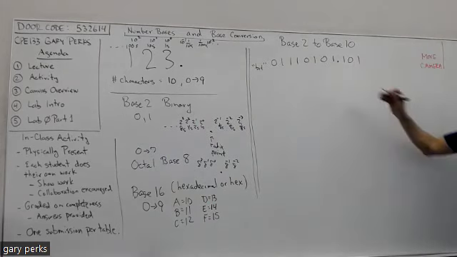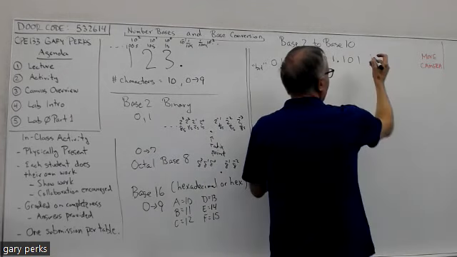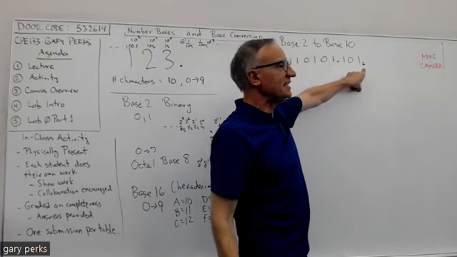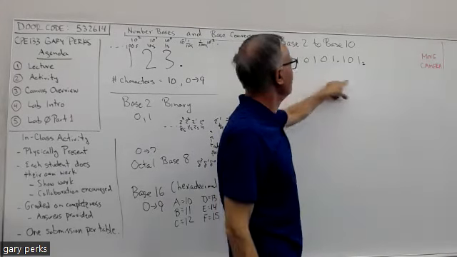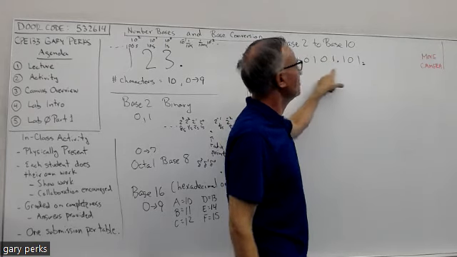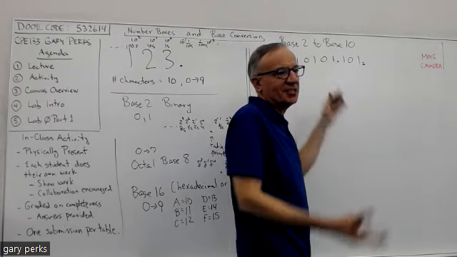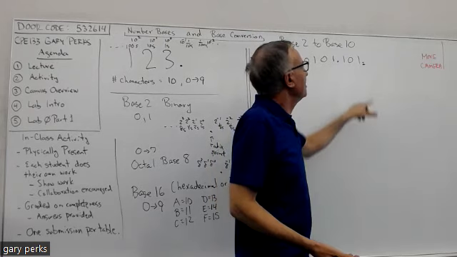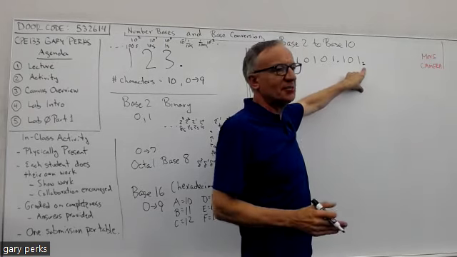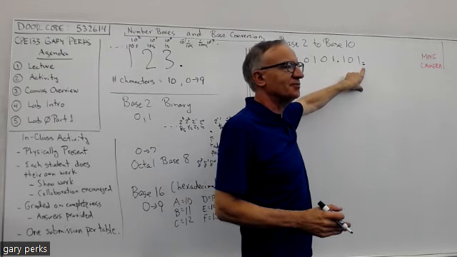Okay. So to convert this to base 10. Oh, also, just to explicitly identify this as a base 2 number, we'll put a subscript 2, right? Because this could also be like a base 10 number, right? Because you have 0 and 1 in base 10. But just to explicitly identify that this is base 2, we put this little subscript 2.